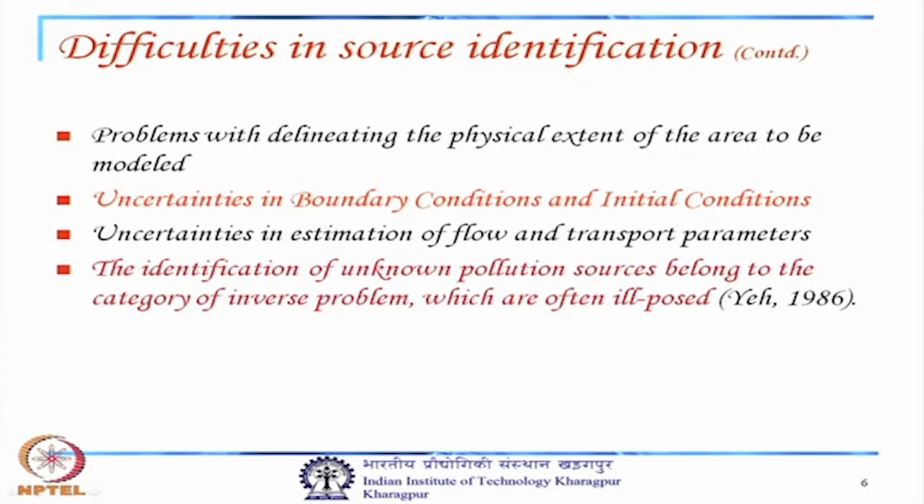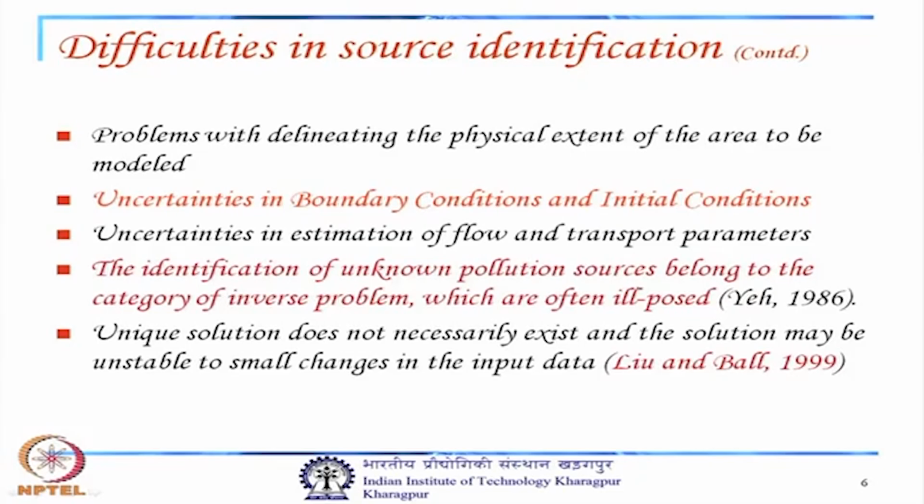And identification of unknown pollution sources belong to the category of inverse problem which are often ill posed, because we do not have a proper system in place for which we can say that this is our proper source that we have identified, but the problem is that we can have multiple combinations for which there will be the same breakthrough curve in the monitoring wells, and unique solution does not necessarily exist, and solution may be unstable to small changes in the input data.